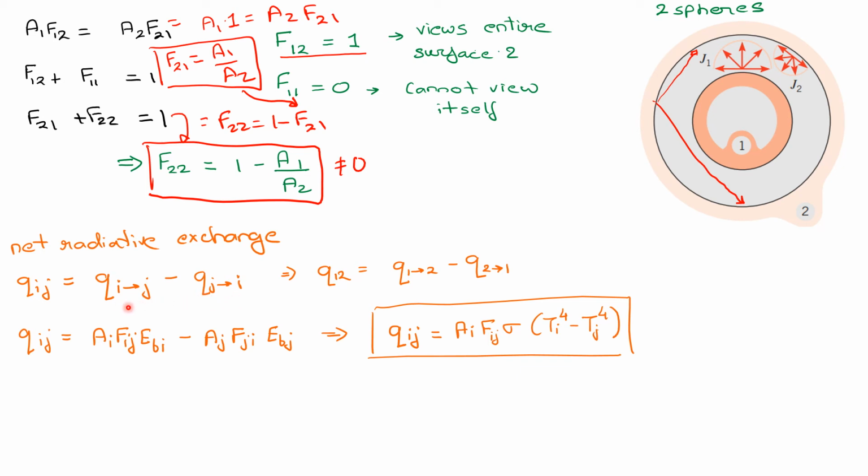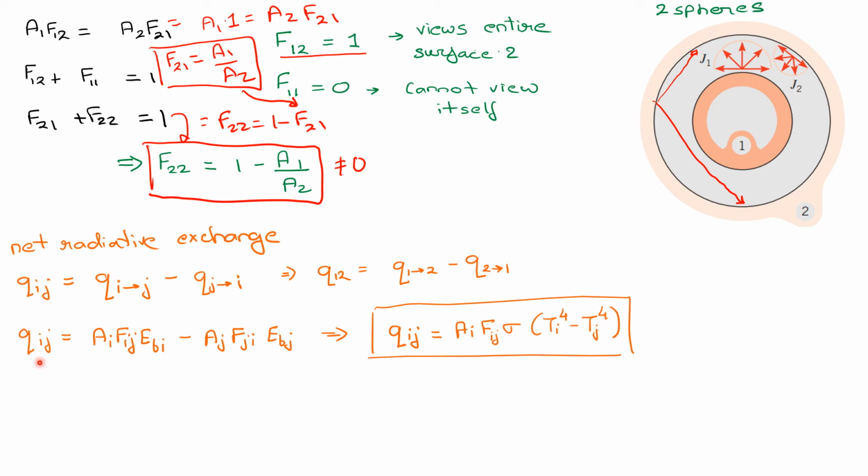So this is nothing but saying q out minus q in, and that will be the net radiation exchange. So in our case, our Q12 will be the radiation exchange from 1 to 2 minus the radiation exchange from 2 to 1.